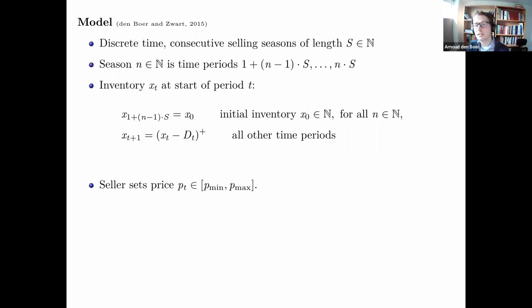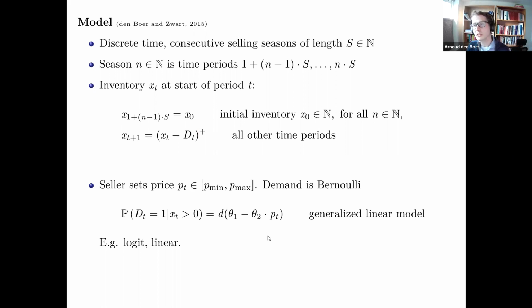As always, the seller determines a price, which should be non-anticipative: it cannot depend on the future, only on the past. Demand is Bernoulli, with a particular distribution. The probability that you sell something given that there is inventory is some generalized linear model. What does that mean? It is some function of something that is linear.